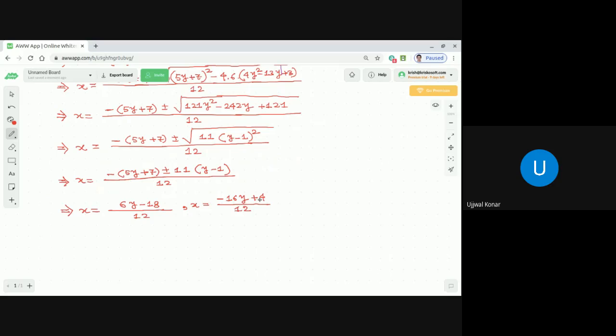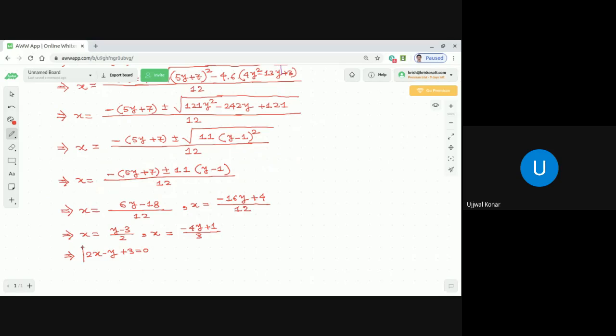And if we simplify further, from here what we are going to get is that x is equal to (y minus 3) by 2, and x is equal to (minus 4y plus 1) by 3. Now if we represent both of these in the form of a general equation of a straight line, it looks like 2x minus y plus 3 equal to 0.